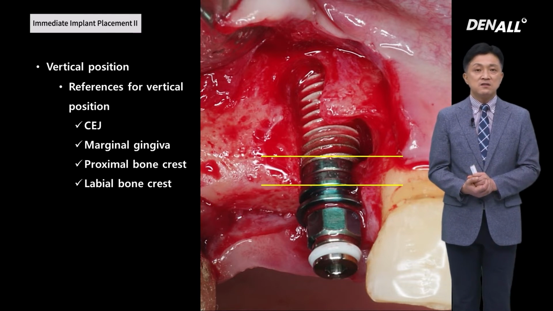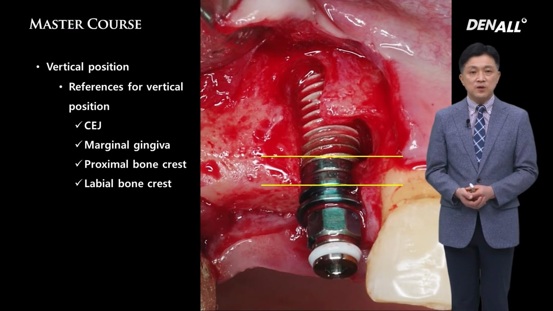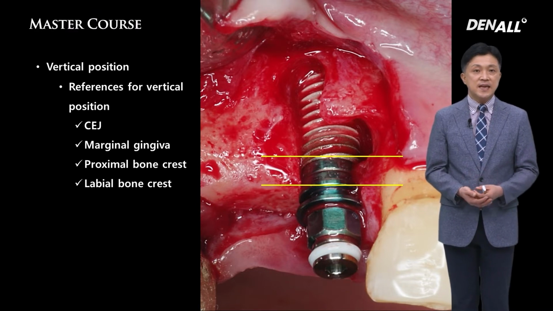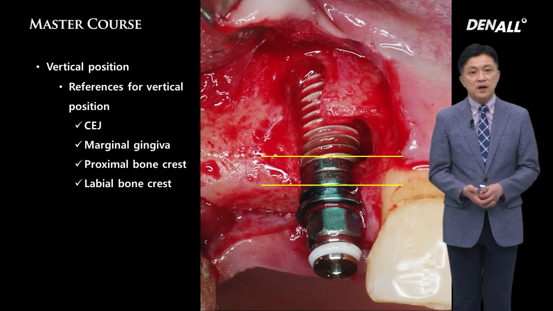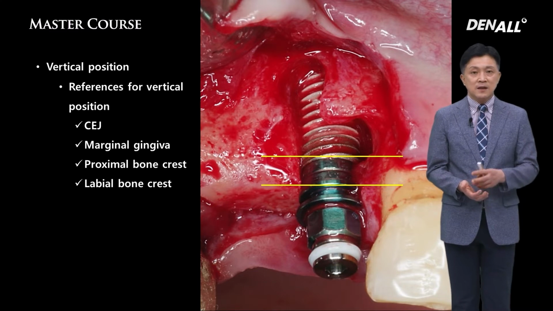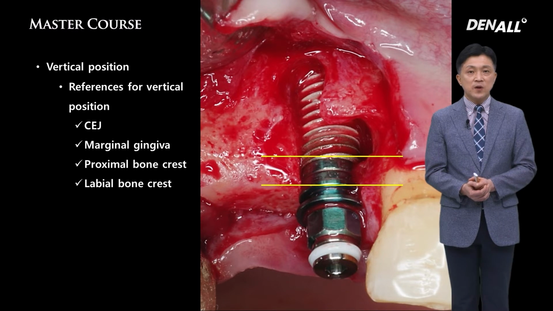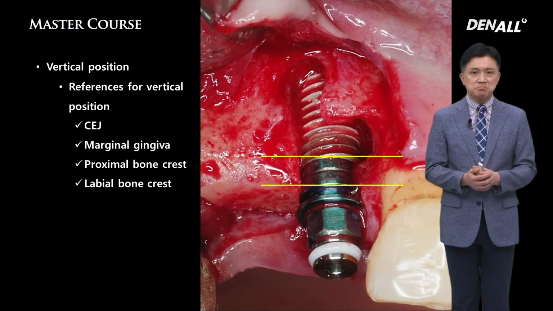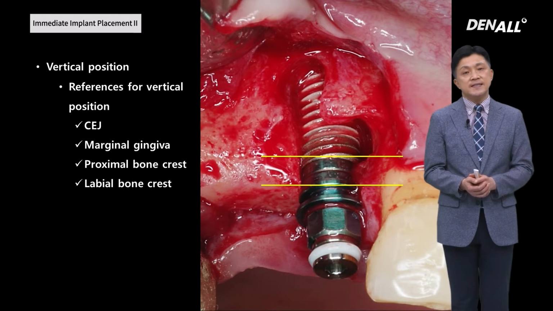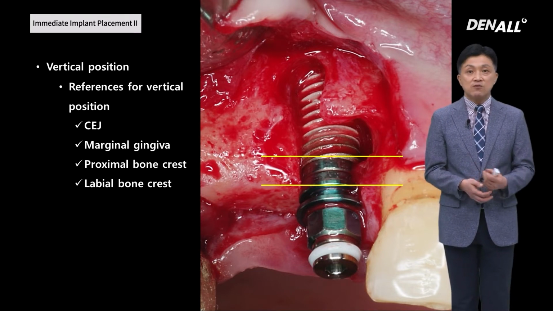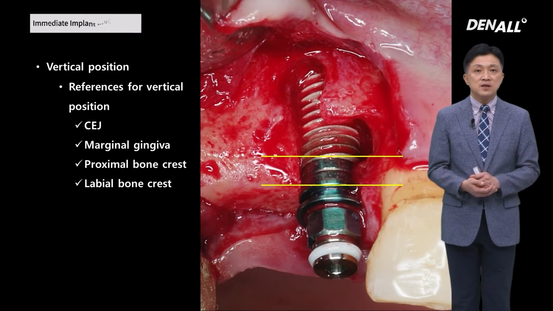The reference points for vertical position are approximately 4: CEJ of adjacent teeth, marginal gingiva, proximal bone crest, and labial bone crest. If you look at this case, in the first one, CEJ of adjacent teeth, if there is a gingival recession in adjacent teeth, CEJ of adjacent teeth is exposed, so this is not a stable reference point.